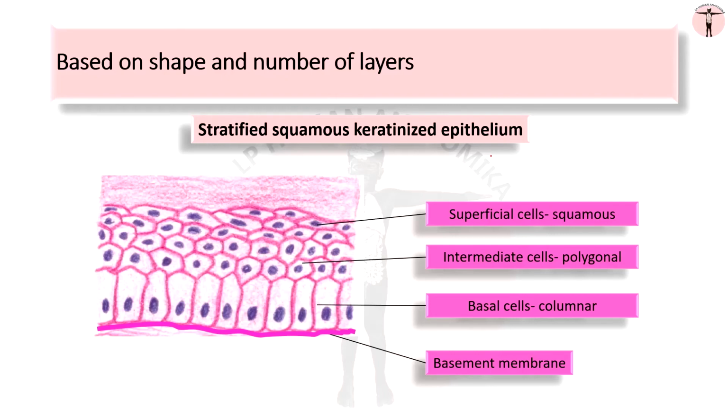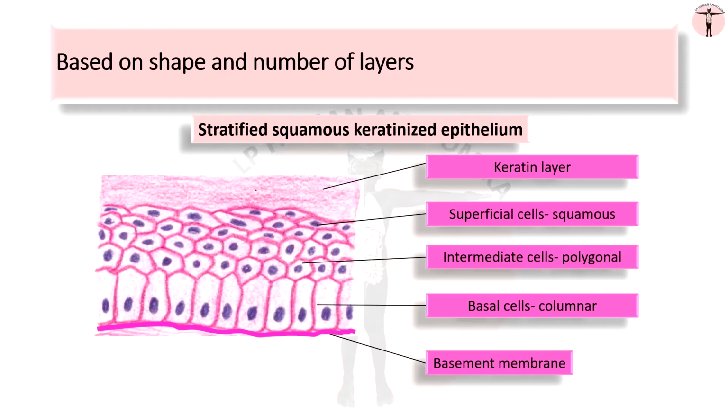And near the surface of the epithelium, cells lose their nuclei and are filled with the protein called keratin, which makes the surface dry in texture. So these cells are dead and flat in shape and filled with keratin.